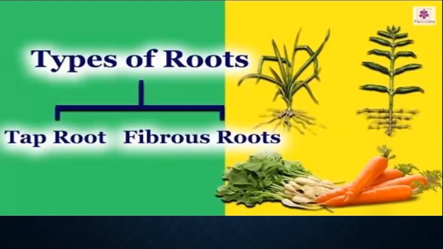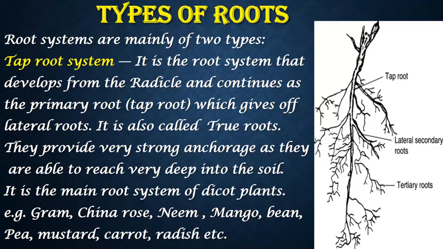Now let's discuss about the types of roots. There are basically two types of roots, taproot and fibrous root. Taproot system. It is the root system that develops from the radicle and continues as a primary root, which gives off lateral roots as branches.